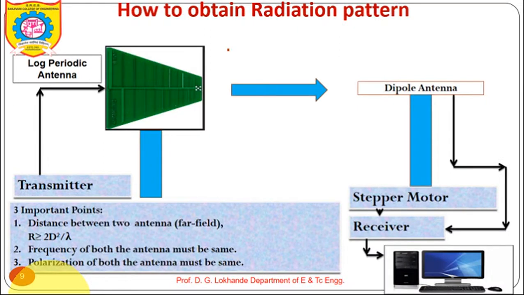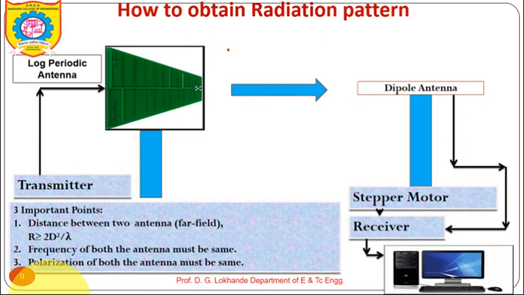Then, how to observe the radiation pattern of the antenna, that we need to understand properly, and this is the test setup arrangement. We have it to check the amount of power received by the dipole antenna at the reception end, and we need to see how much power is available at the specified distance d.